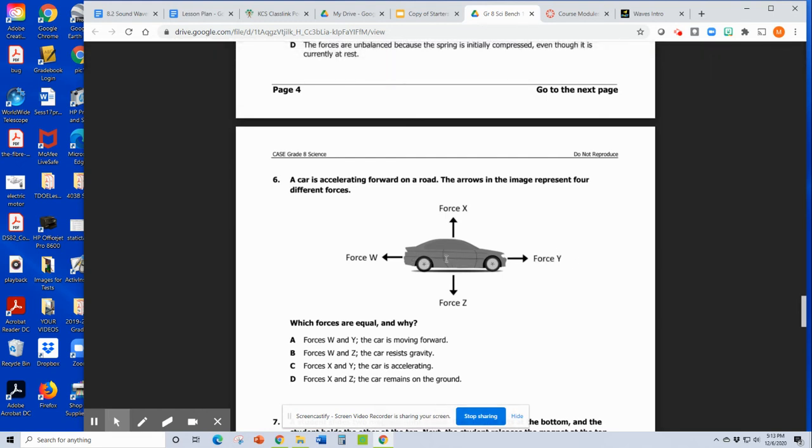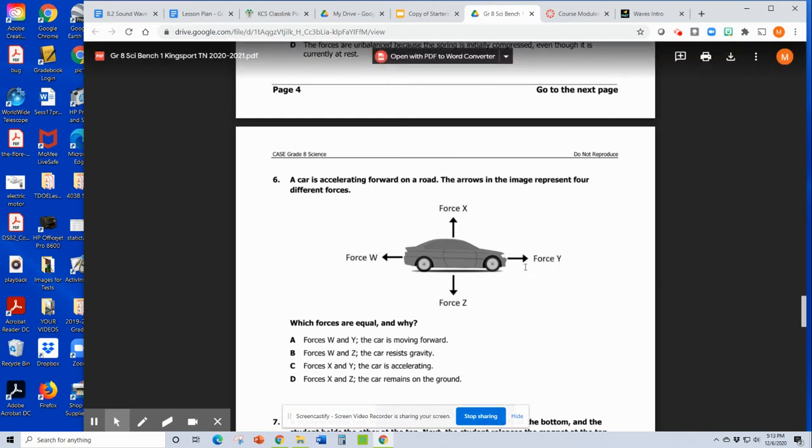So it's moving to the right. I know that force Z is the force of gravity pulling down, but the car's not falling down through the ground. And so I know that I also have the normal force, force X, that's the ground supporting the car itself. So which ones are equal? All right, W and Y, because the car's moving forward?